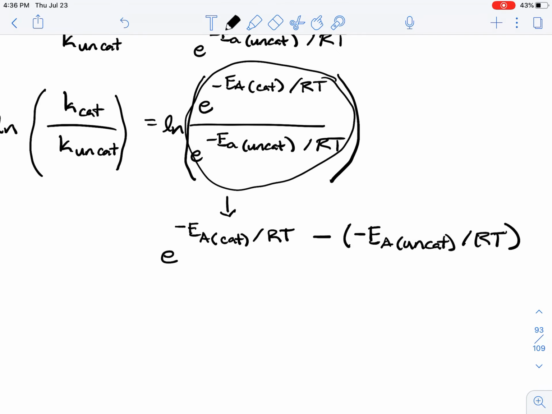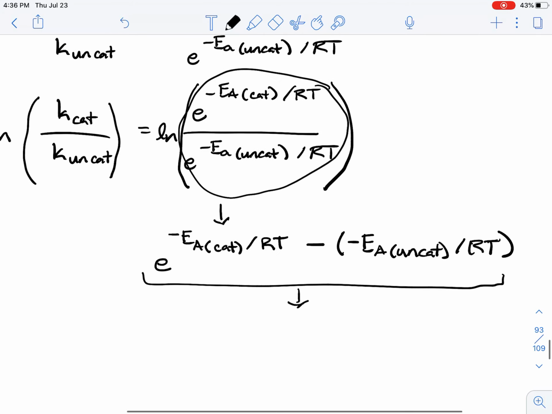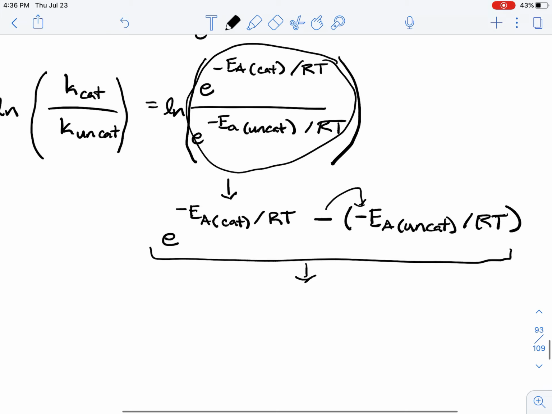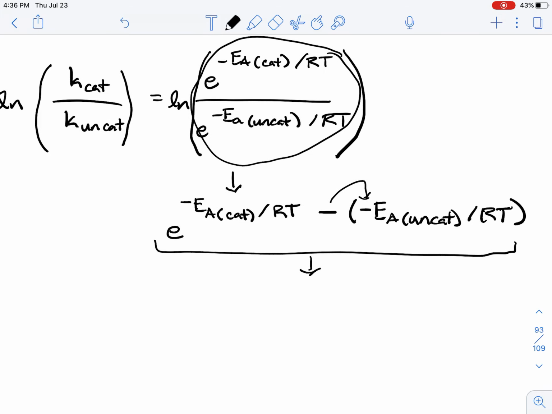And so I can reduce this even further by distributing this negative, making it into a positive. Since this is a positive value, I'm going to switch that to the front.